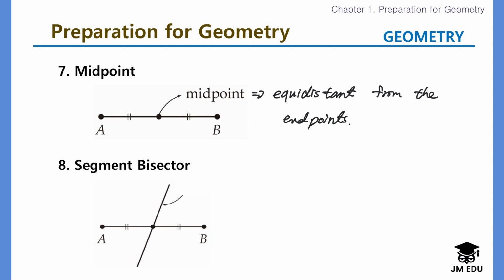And if this midpoint is, let's say this is point C, then we can say that segment AC is congruent to segment BC, right? So segment AC is congruent to segment BC.